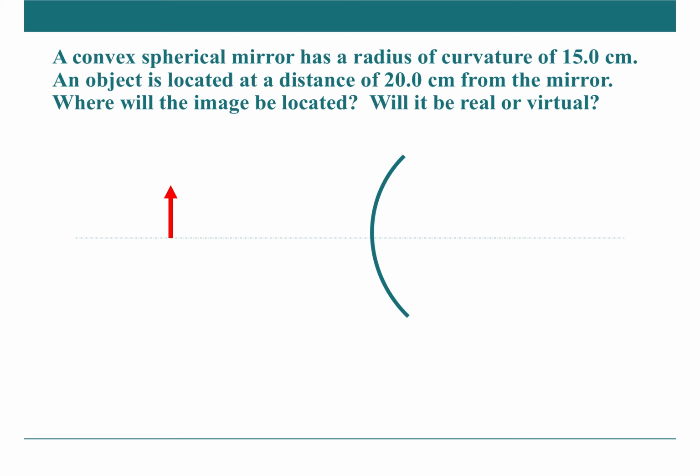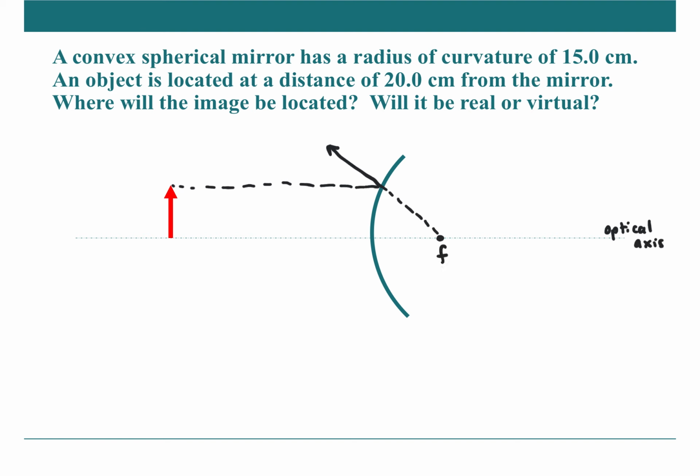Well, firstly, without doing any mathematics, we can say that any light rays coming from our object itself are going to bounce off the surface of this mirror. We could trace those reflected rays back down to a common point, one right along that optical axis through the center of our mirror itself.